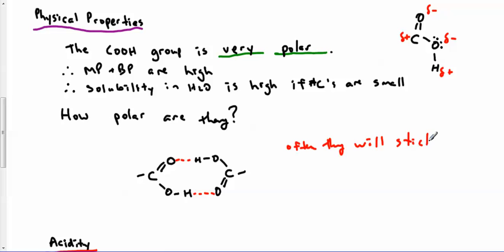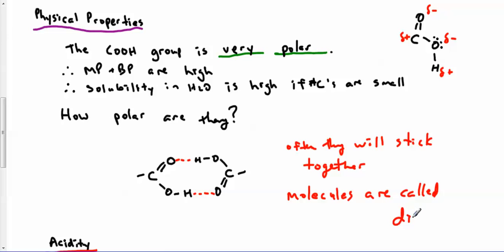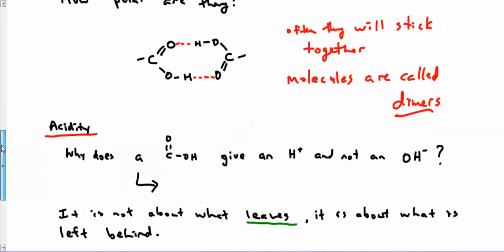That's how polar they are. These double molecules are called dimers. When they're so polar they stick together, they're called dimers, and carboxylic acids are often dimers.